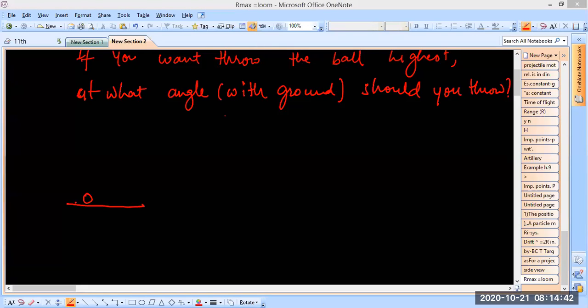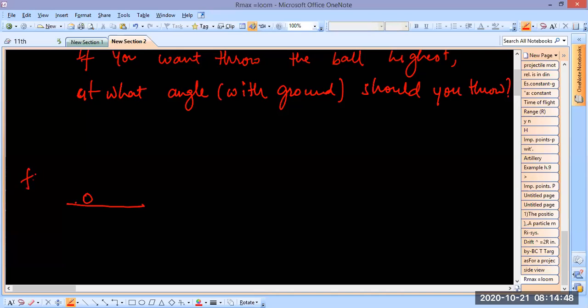You cannot throw faster than a certain limit. So suppose you can throw the ball with some fixed initial speed, not more than that. Let's say 10 meters per second. It's actually very less, but I'm just saying. If you throw it like this, it will go this way. But if you throw it vertically, it will go high and fall down.